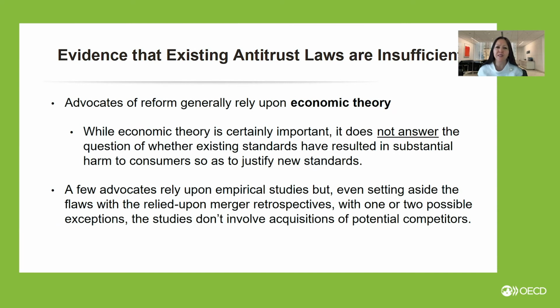In the article, I discussed the flaws with some of these merger retrospectives, but most importantly, in going through all of the individual studies in these meta studies, with one or two possible exceptions, the studies don't involve acquisitions of potential competitors. So they're really not informative on the question at hand.